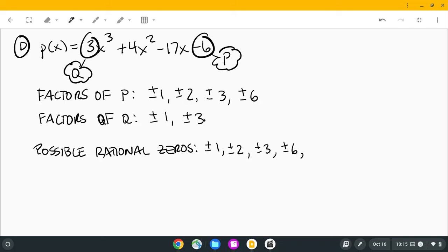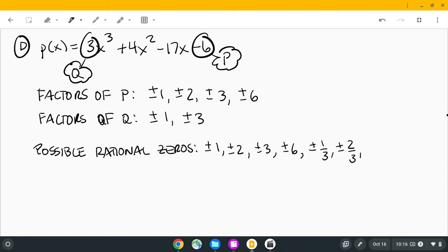So plus minus 1 over 3. Plus minus 2 over 3. Plus minus 3 over 3. But 3 over 3 is 1, and we already have it, so I'm not going to list it. And then plus minus 6 over 3. Well, that's 2, and we already have that, so I'm not going to list it.